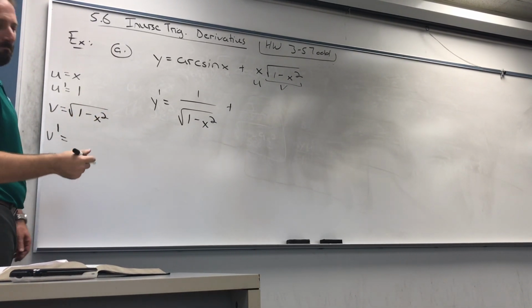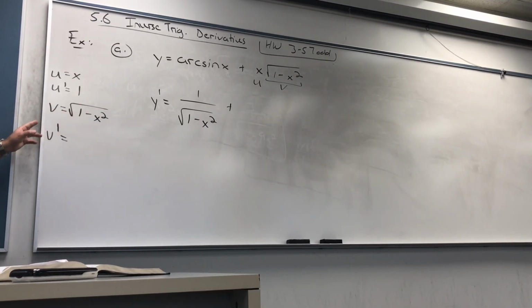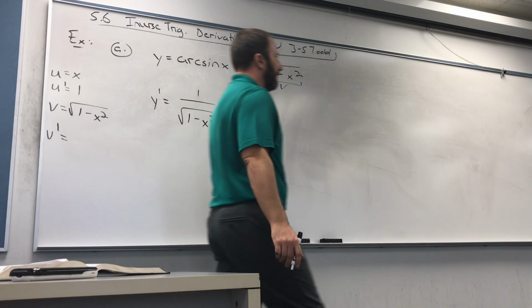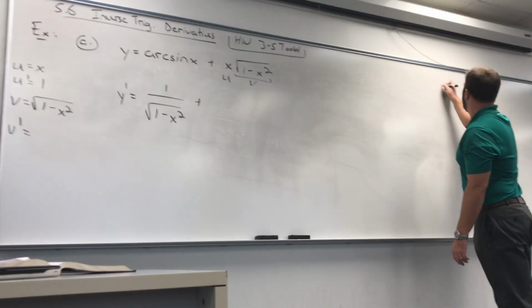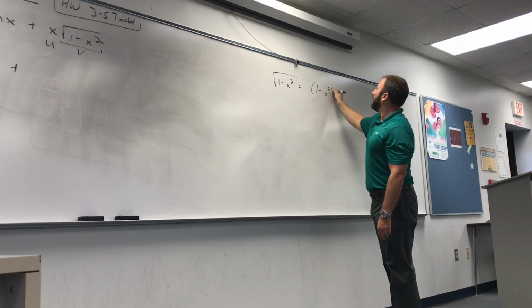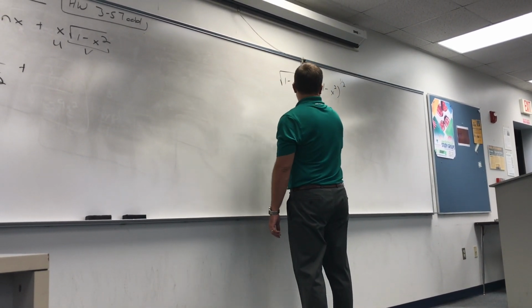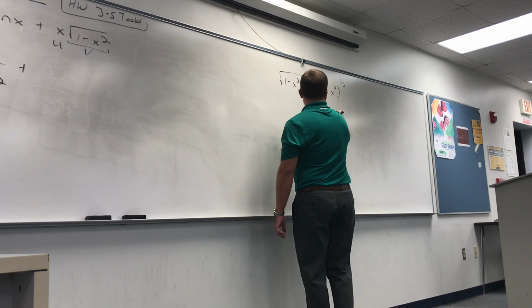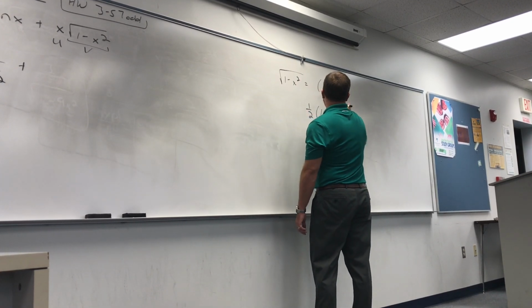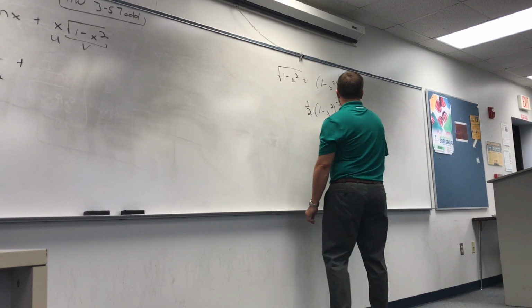v prime, well, let's actually do it bigger here and just tidy it up. We could say this is the same as 1 minus x squared to the half. So when we go to derive it, the half hops down, times what's inside, the 1 less power, times the derivative of what's inside, which would be negative 2x.